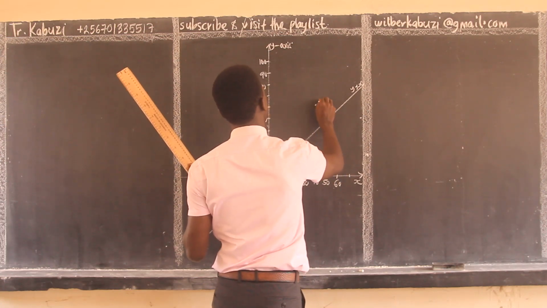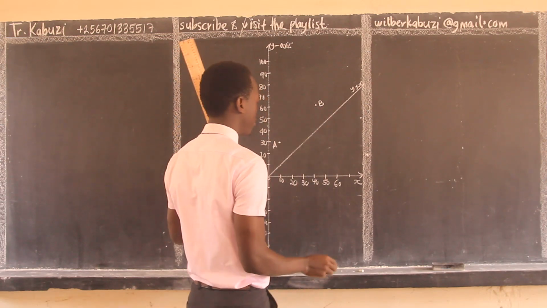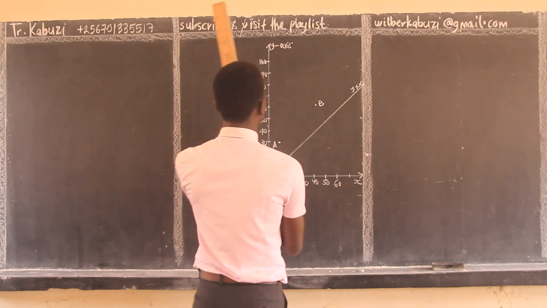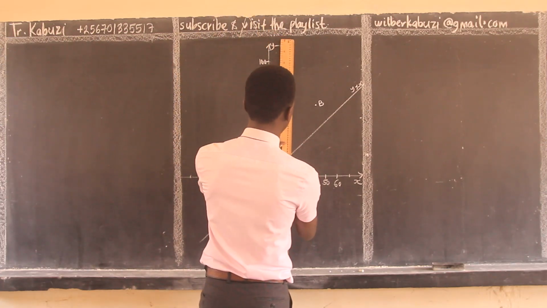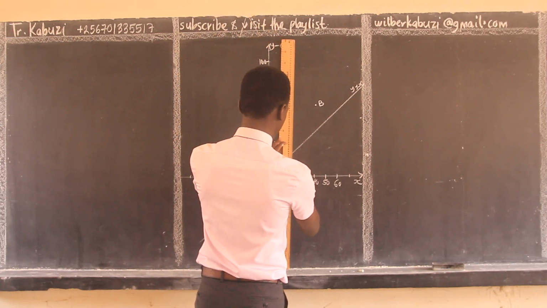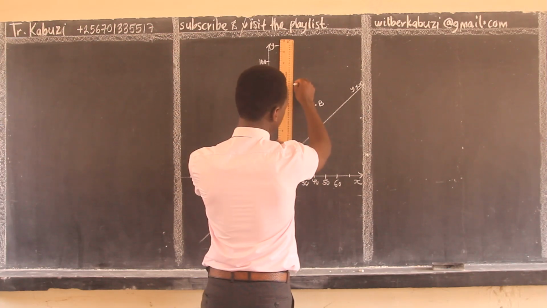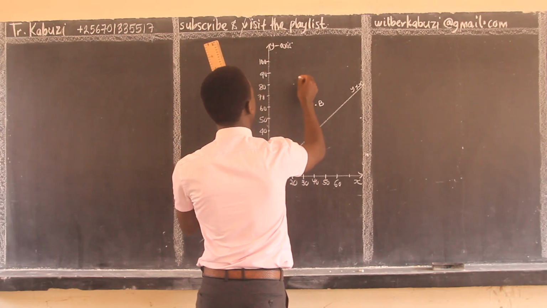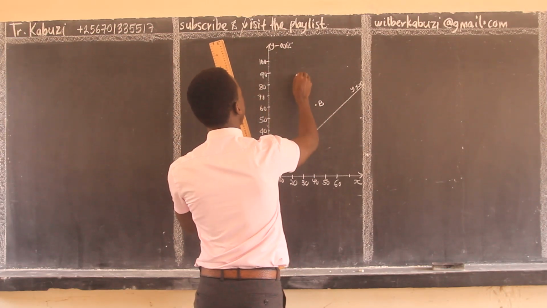This is my B. Then I come to the next one, which is 20, 80. 20 is there. Then my 80 is there. So this is my next corner, which is C.